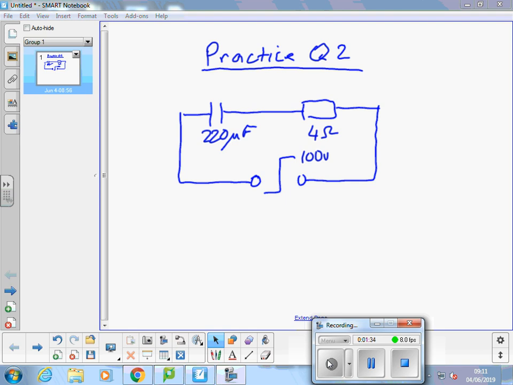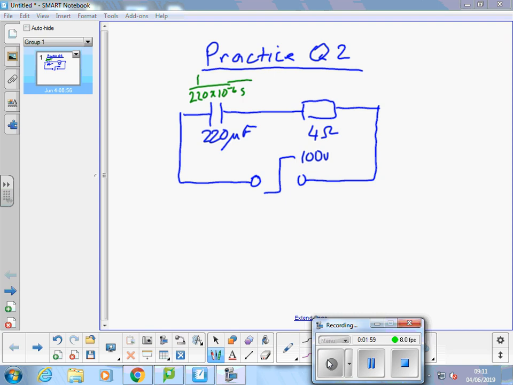So, how do I do a capacitor C in the S-domain? Yeah, so you would write that as 1 over 220 by 10 to the minus 6 S, if you've got to label it like that.